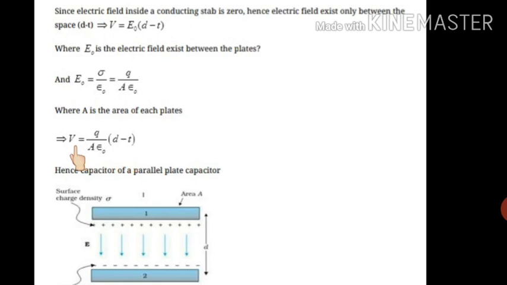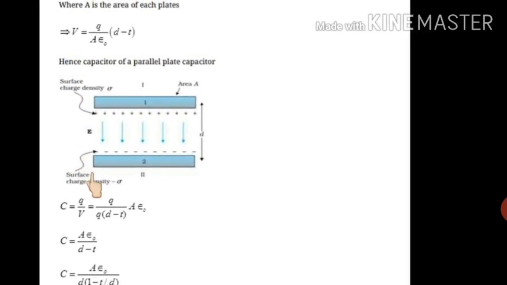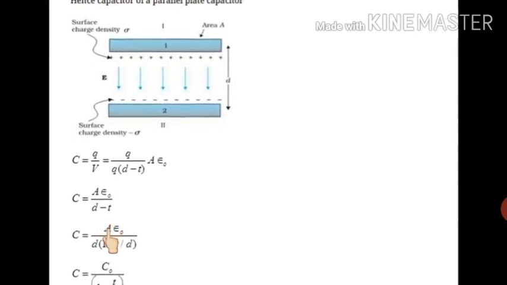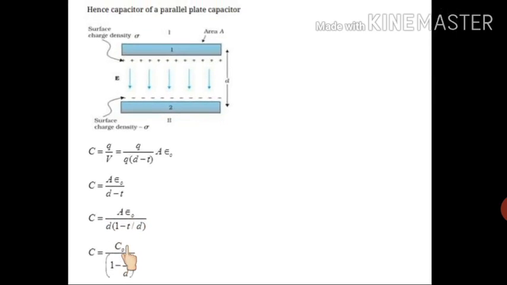So if V we have calculated, we can easily calculate capacitance. We know C is equal to Q upon V. Q we have written as it is, and in place of V we have written this. So Q and Q will get cancelled. Finally we will have C is equal to epsilon naught A upon D minus T. If we take D common, it gives A epsilon naught upon D into 1 minus T upon D. Now what is A epsilon naught upon D?